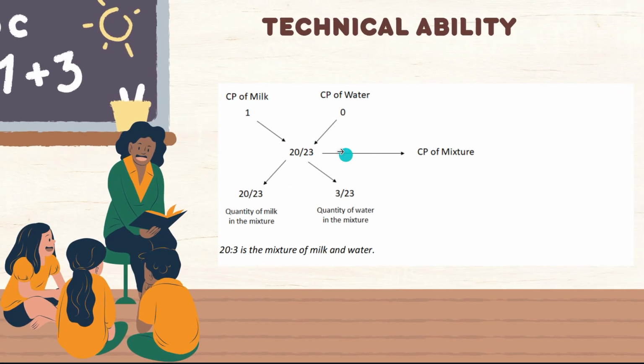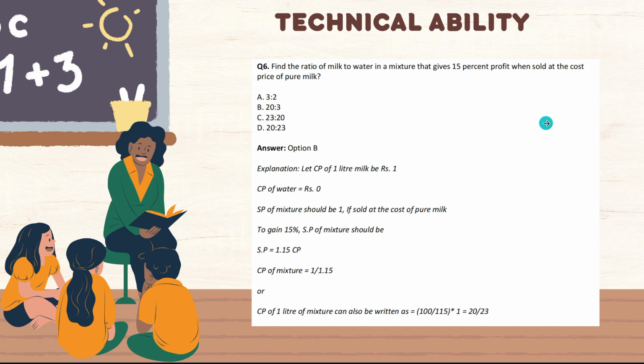The quantity of milk in the mixture is 20 by 23, and the quantity of water in the mixture is 3 by 23. Total is 23; in that, 20 is the milk and 3 is the water. So milk to water is 20 is to 3, the final answer. Option B is the correct one.